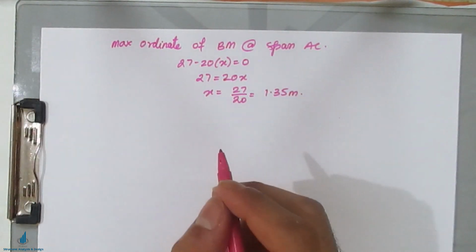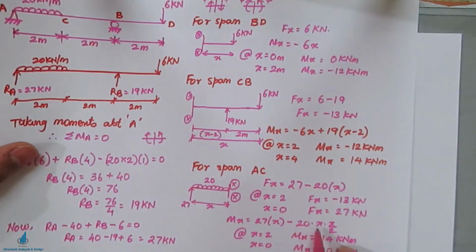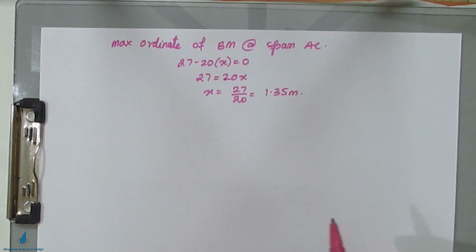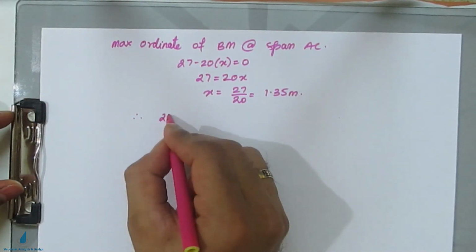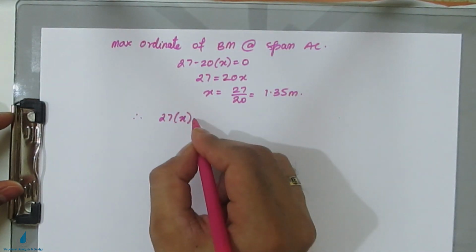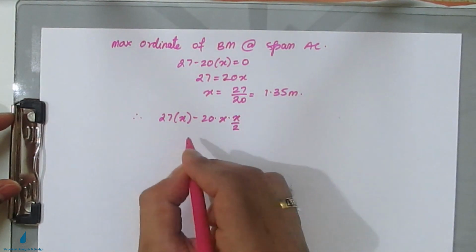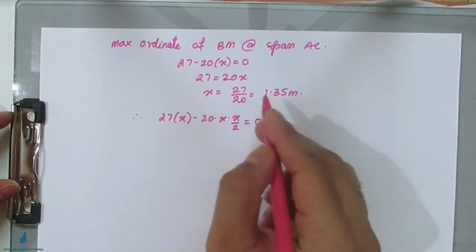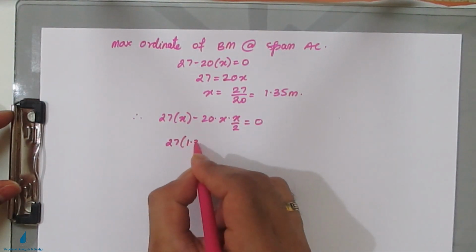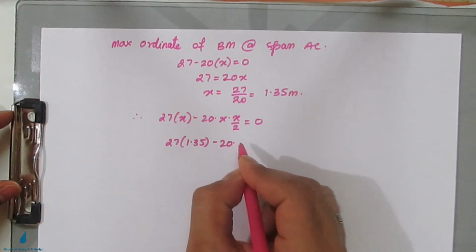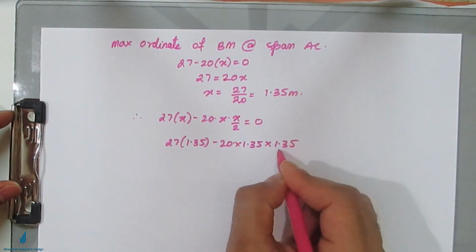And now you have to take the moment equation. In this moment equation you have to take 27x minus 20 into x square by 2. So that x you have to substitute here, 1.35. So 27 into 1.35 minus 20 into 1.35 into 1.35 divided by 2.